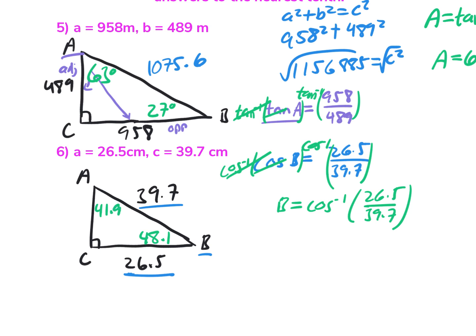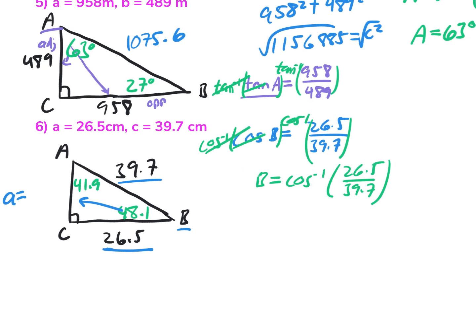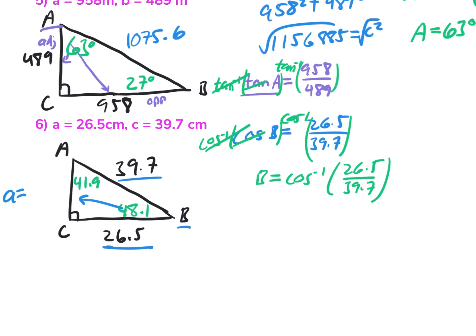Now to find our missing side A, we don't even need to use the Pythagorean theorem. I can just use another trig ratio. Let's say I want to use sine of 48.1, because that's going to get me an opposite. So we can use sine of angle B, which is 48.1, is my opposite A over my hypotenuse 39.7.